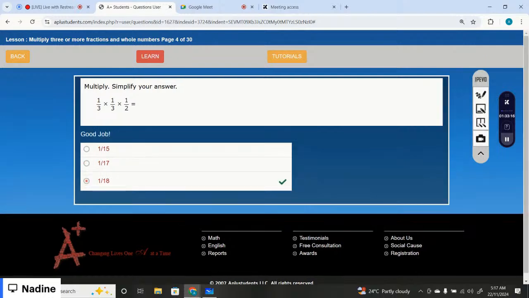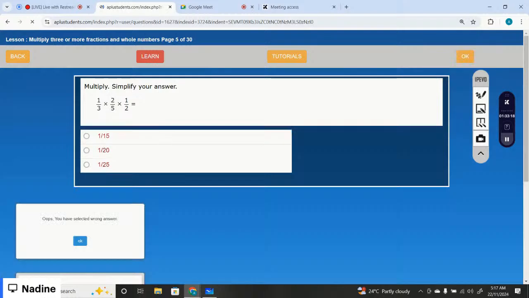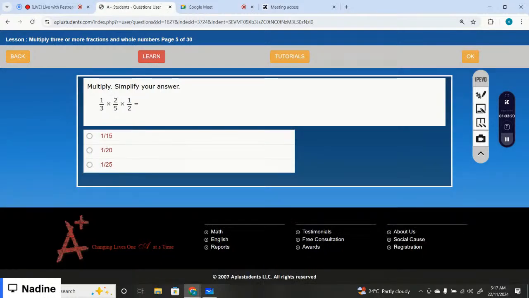Option number 3 is the correct option. Next, 1 by 3 times 2 by 5 times 1 by 2. So, the correct option.